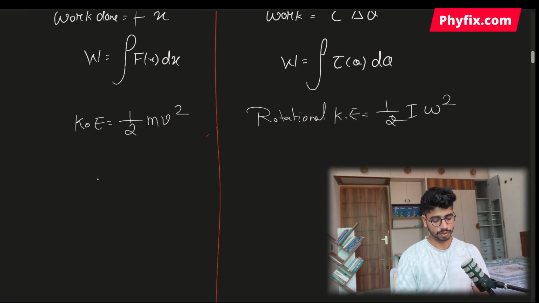This is for pure rotation. The power can be written as F into velocity. Here we write the power as torque into omega.